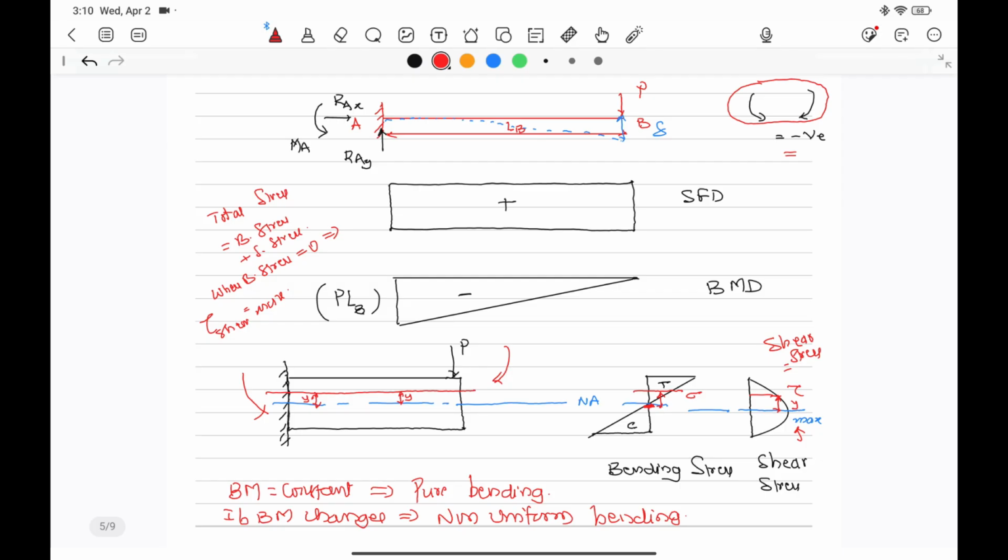Please try to understand this. When BM is constant, it is called pure bending, and when BM changes, that is called non-uniform bending. This I will explain to you.